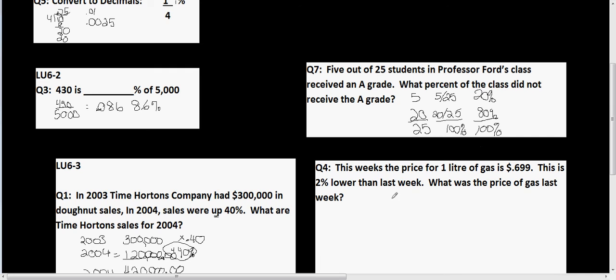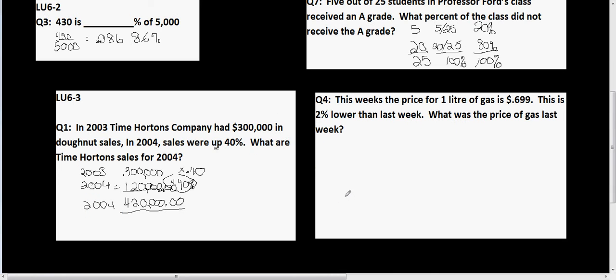All right, what about this last question here? This one's really tricky. This time we've got a price of a liter of gas in the current week at 0.699. That happens to be 2% lower than last week. What is the price for last week? Okay, let's take a little look at this.